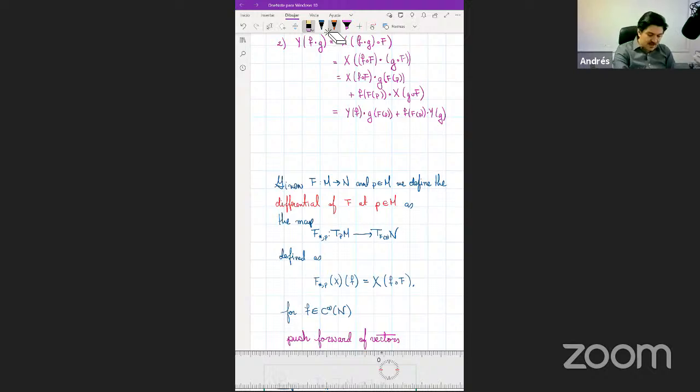Okay, now here I want to stress this word here. Last time we ended the class with the definition of a vector field. But we push forward only vectors and not vector fields.